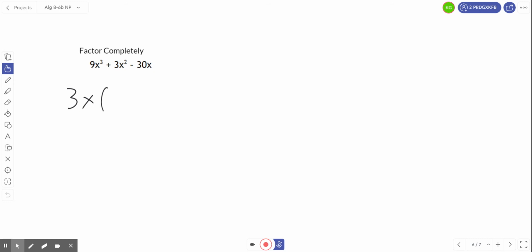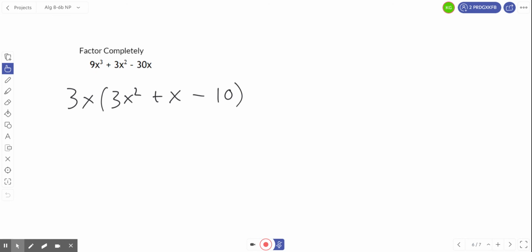When I factor out that 3x, 9x to the 3 is going to become 3x squared. 3x squared is going to become just x, and minus 30x is going to become 10.